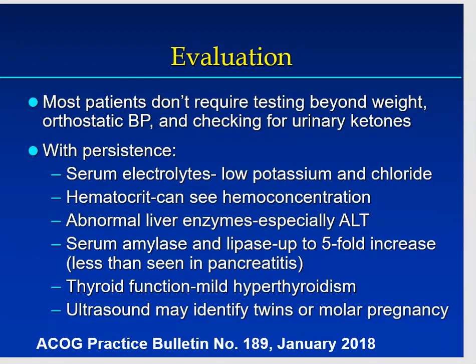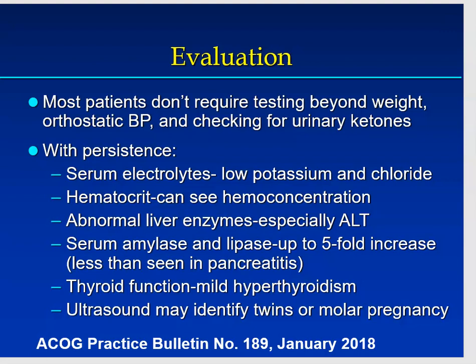From the standpoint of evaluation, most patients, particularly those who present with nausea and vomiting that's not severe, don't require any particular testing beyond obtaining their weight and comparing it to either their pre-pregnancy weight or weight at a prenatal visit, checking their orthostatic blood pressure if they've been vomiting significantly to determine whether or not they have become symptomatically dehydrated, as well as checking for urinary ketones.